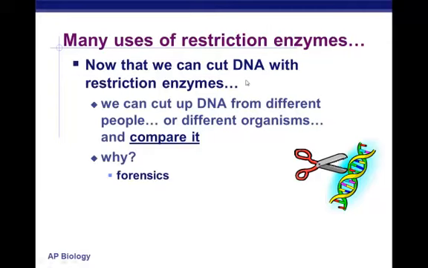For example, in crime scene forensic analysis, comparing suspects to crime scene evidence. Looking at medical diagnostics, comparing genes between people who have genetic disorders and those who don't. We can use that as a diagnostic tool to look for carriers, to look for people who have certain mutations that can cause them genetic problems. Used for paternity testing, who's the dad?